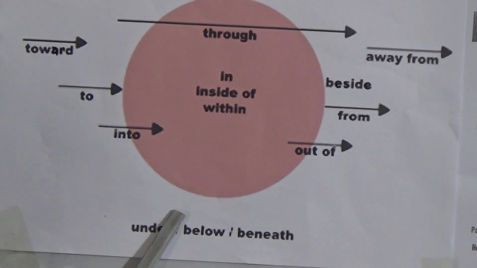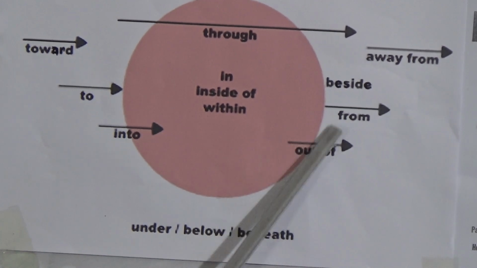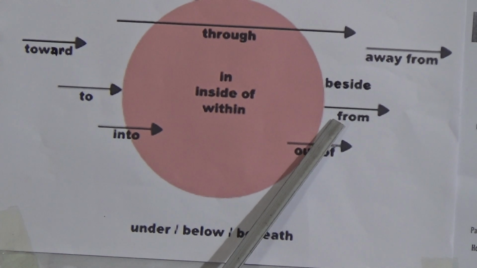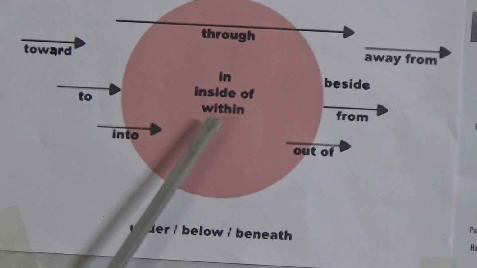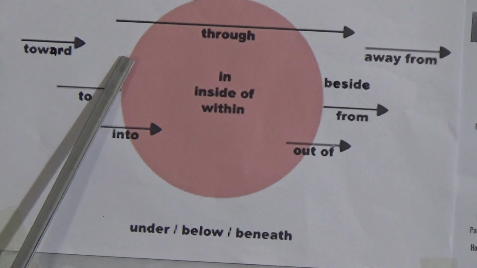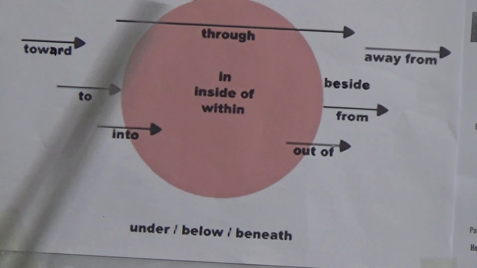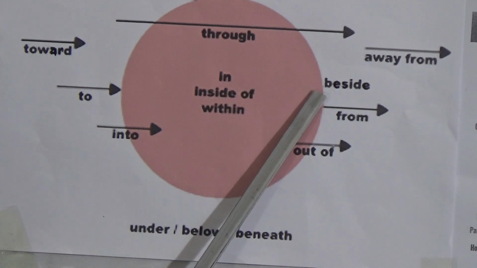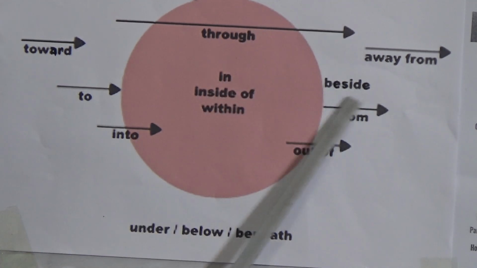So dear students, we can use other prepositions which are in your book. We use from for the place where it starts. And if something is at the back of this circle, we will use behind. And if something is next to the circle, we will use beside.